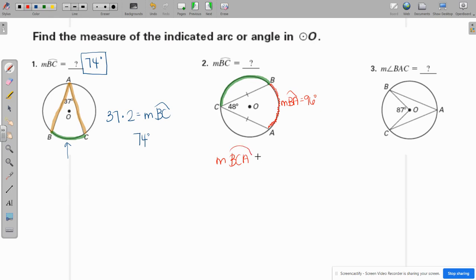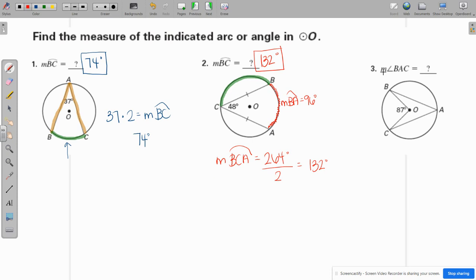If I take 360 and subtract 96 degrees, I have 264 degrees for this entire major arc BCA. If I divide that by 2, that gives me the measure of arc BC, which is 132 degrees. So this answer would be 132 degrees for the measure of arc BC.